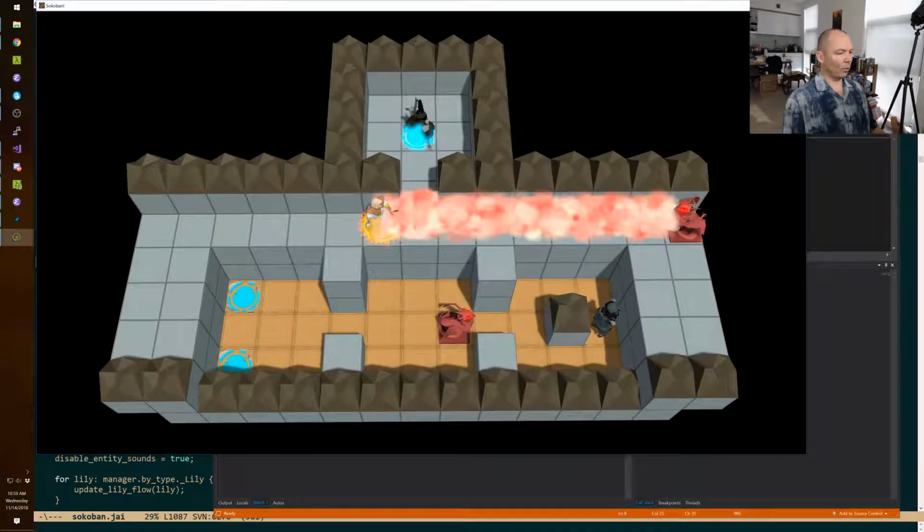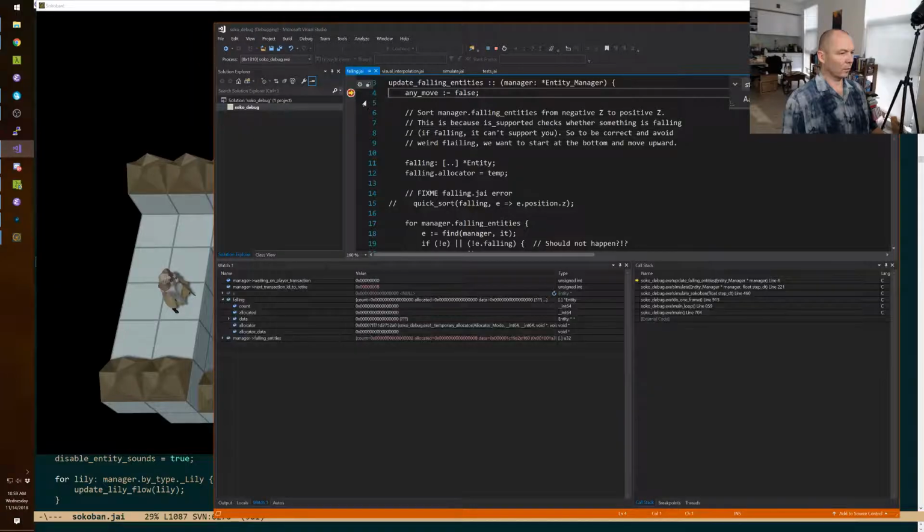Okay, let's restart the level. 2 falling entities. Well, people, that is a predicament, if I do say so.